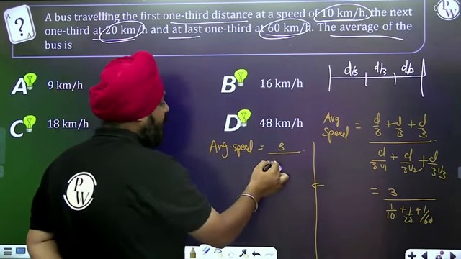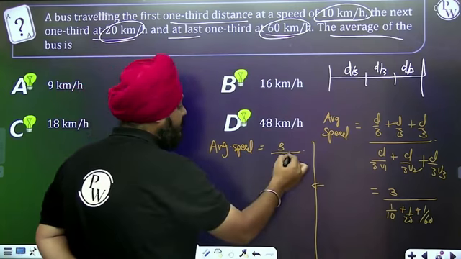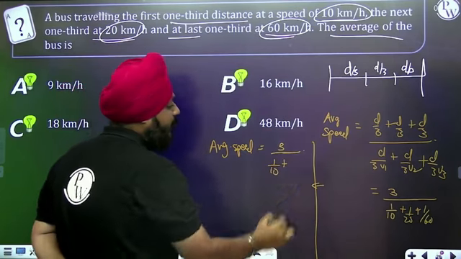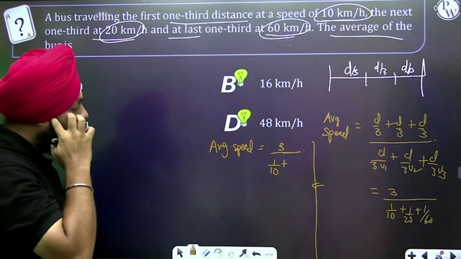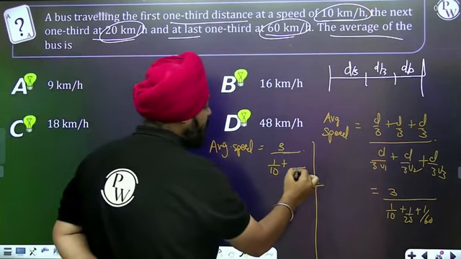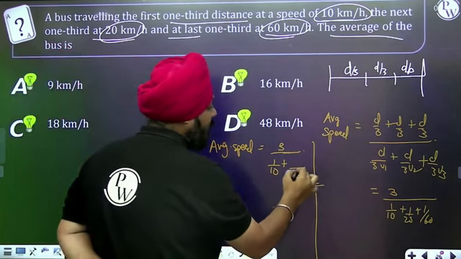In easy terms, the LCM of the denominators is 60: 1/10 is 6/60, 1/20 is 3/60, and 1/60 is 1/60.